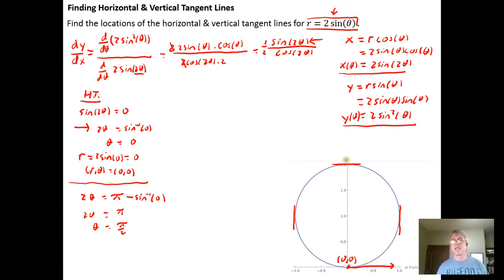And indeed, if you look at this horizontal tangent line, it looks like you need to rotate pi over 2 radians to get that quadrantal angle. And then we just need the radius that goes with it. So we plug our pi over 2 into the radius equation. We get radius equals 2 times the sine of pi over 2. But the sine of pi over 2 is 1, so 2 times 1 equals 2.